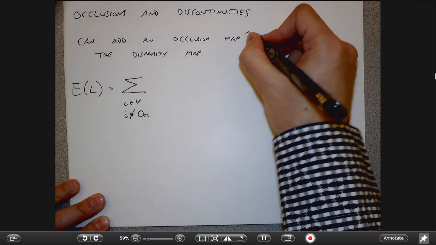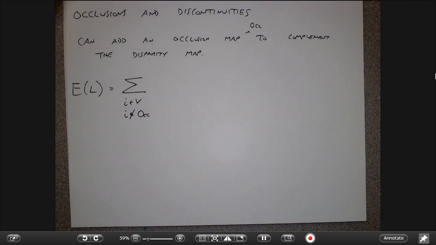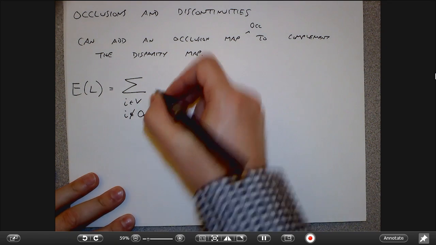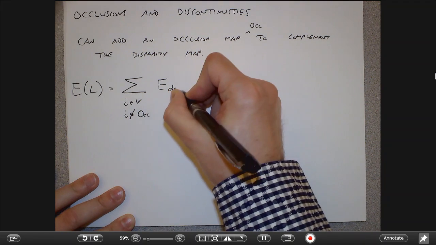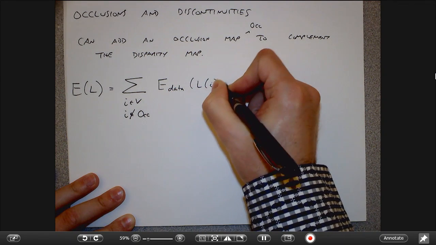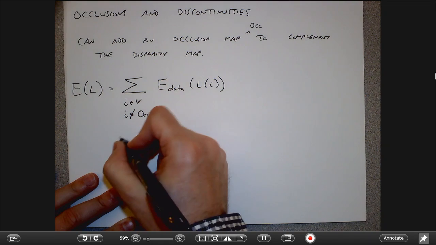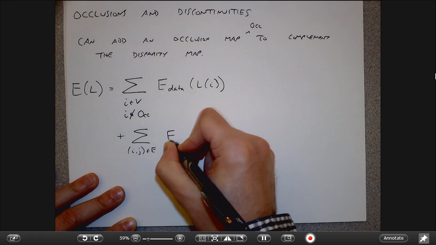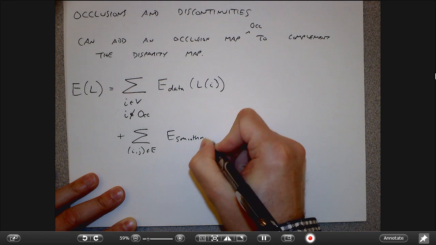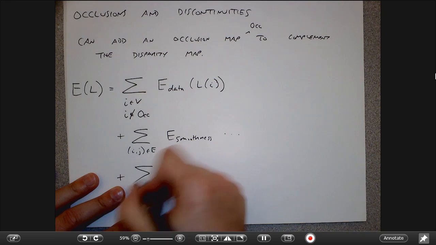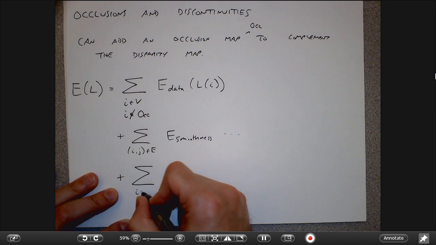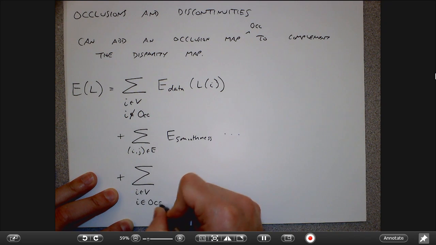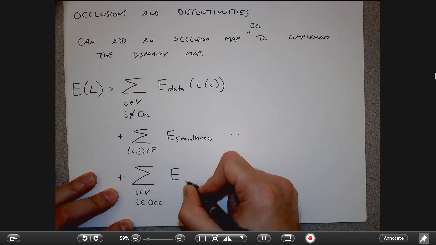I build a little binary occlusion map where every pixel is either occluded, the map is 1, or not occluded, the map is 0. If I'm not occluded, I have my usual data term, and then my smoothness term, and so on. And then I have the sum over the pixels that are occluded of some sort of cost of occlusion.